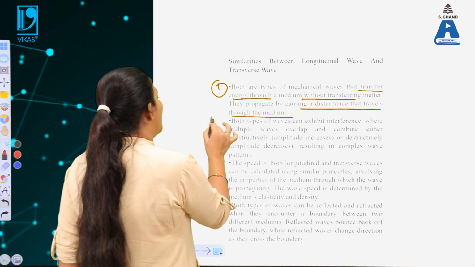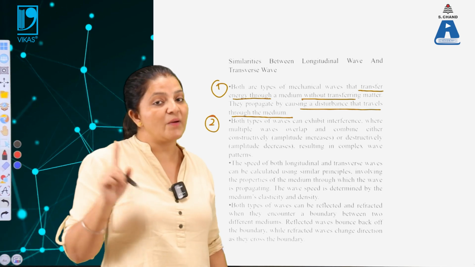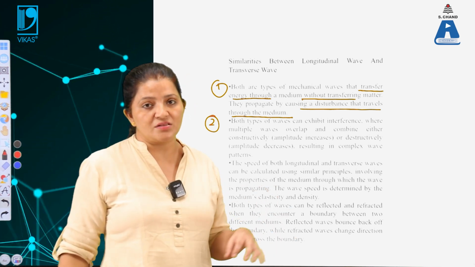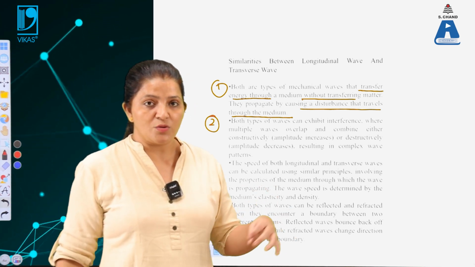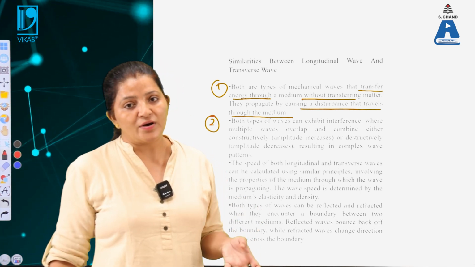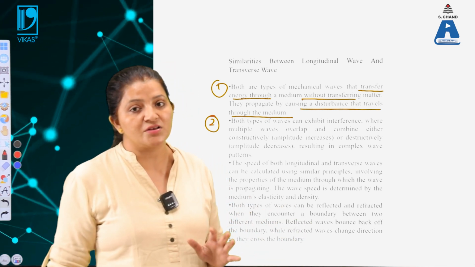The second point is that the phenomenon of interference occurs. For example, in the transverse wave, when the crest of one wave falls on the crest of another wave, constructive interference occurs. And when the trough of one falls on the crest of the other wave, destructive interference occurs.